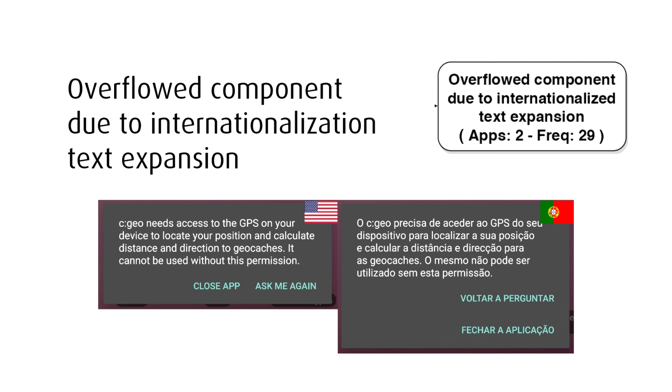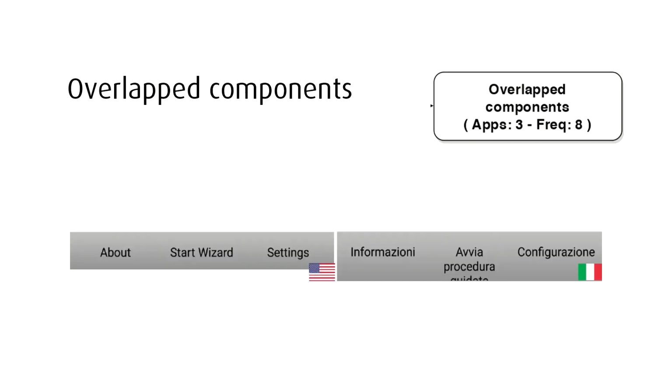Second, we found the overflow component due to internationalization text expansion, where due to the length of the new language, the layout changed and broke. We found 2 apps with this, and the 2 apps had 29 collateral failure cases.